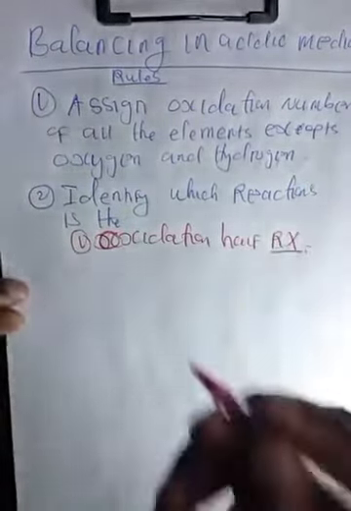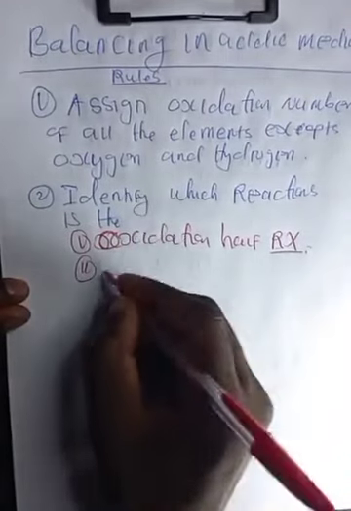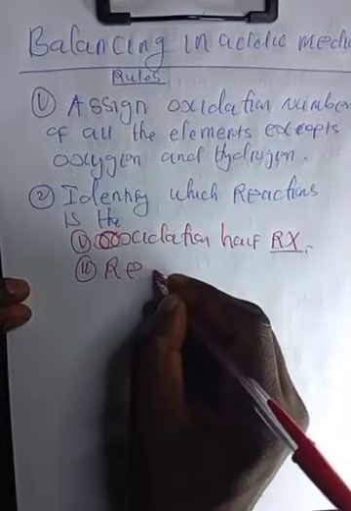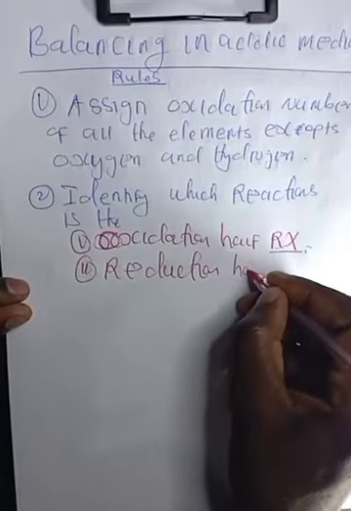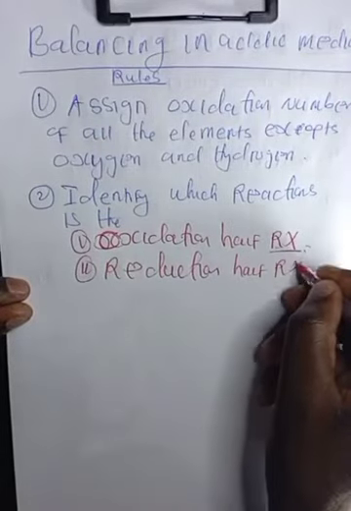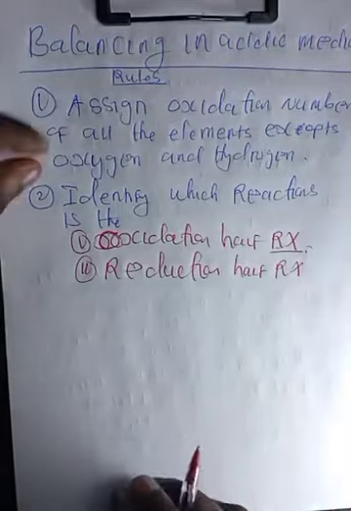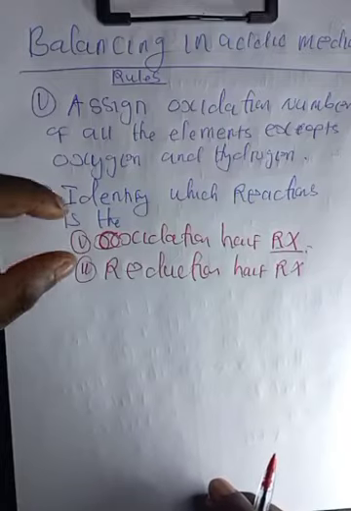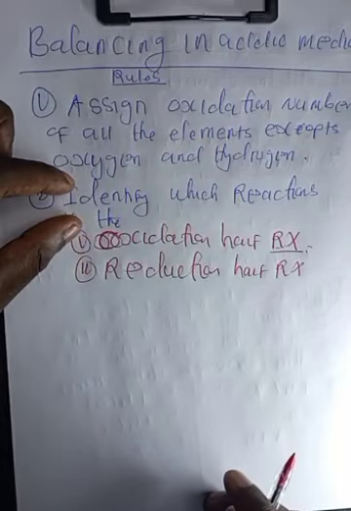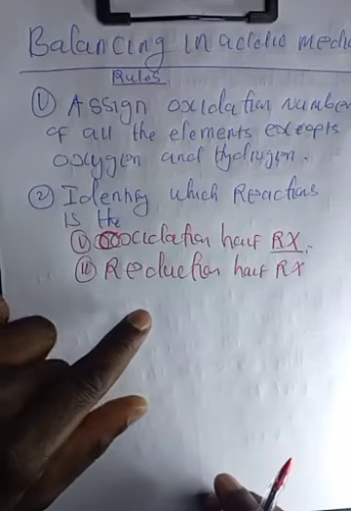Rx means reaction. And also which reaction is the reduction half reaction. So step 1, we assign oxidation numbers. Step 2, we identify which reaction is reduction and which one is oxidation.